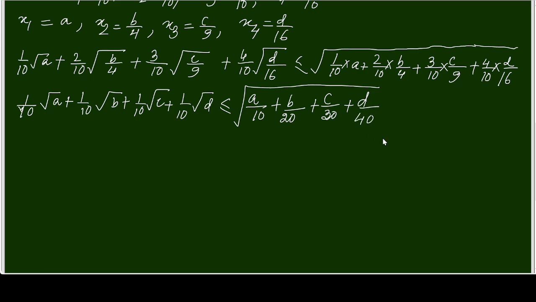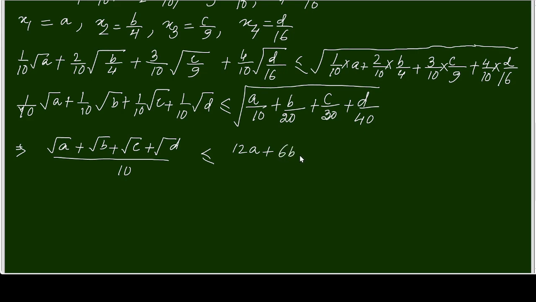If you are really interested in number theory, I hope you will like this. So square root a plus square root b plus square root c plus square root d over 10 is less than or equal to, here this will be 12a plus 6b plus 4c plus 3d over 120, whole square root.